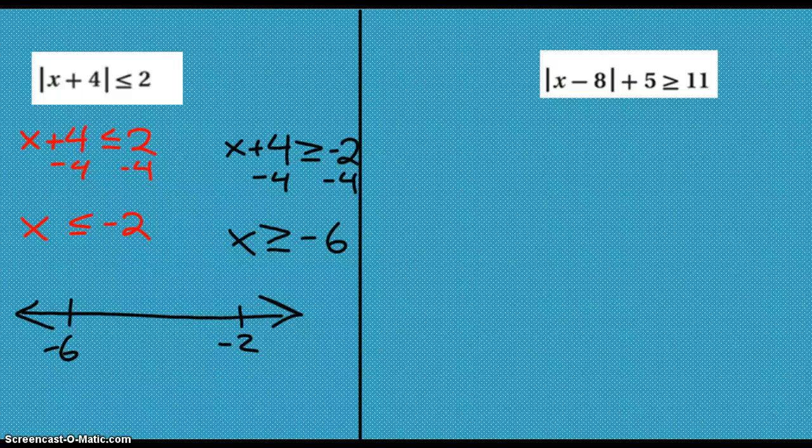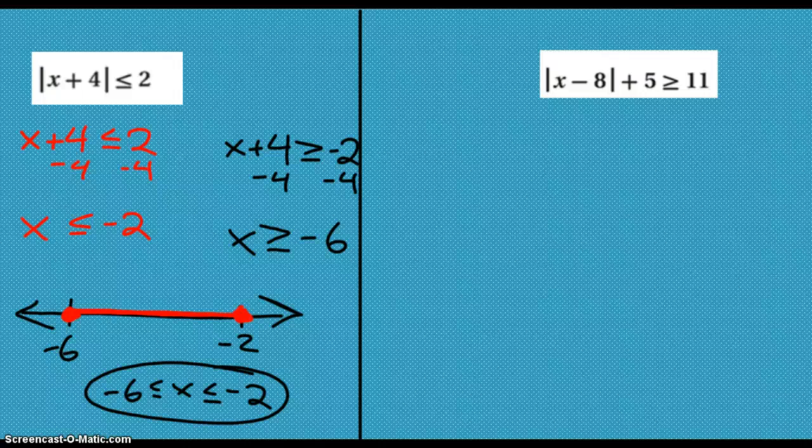We're going to end up getting this situation where we're in between these two values. This would be an and statement. You could say negative 6 is less than or equal to x and x is less than or equal to negative 2, and write the solution like that, or use an and.